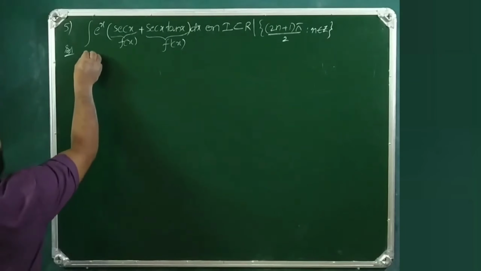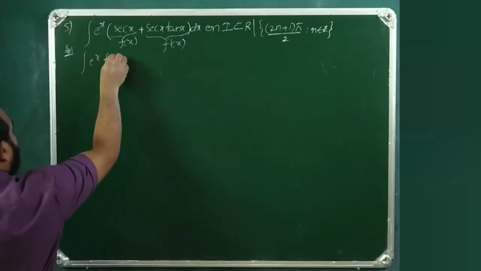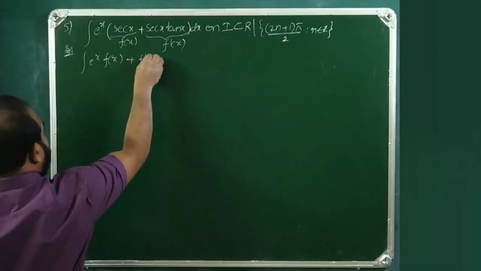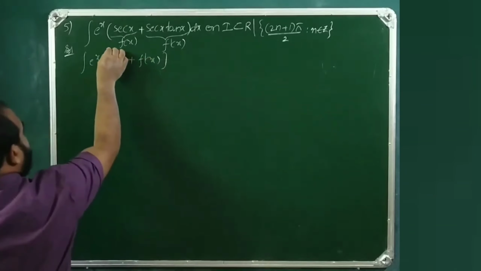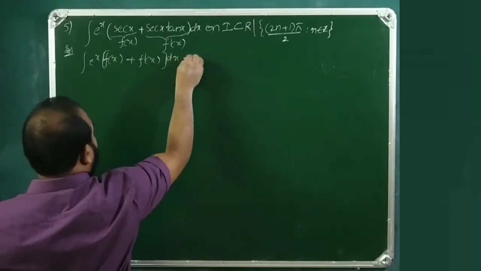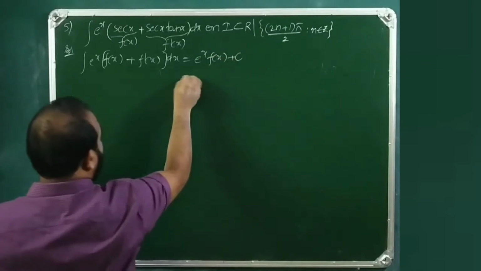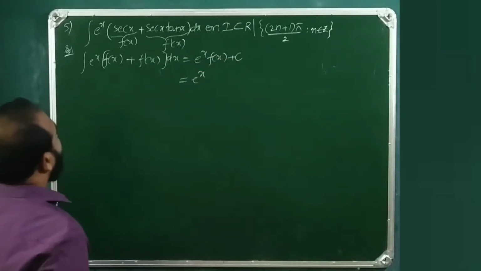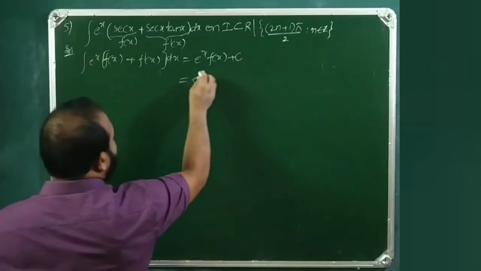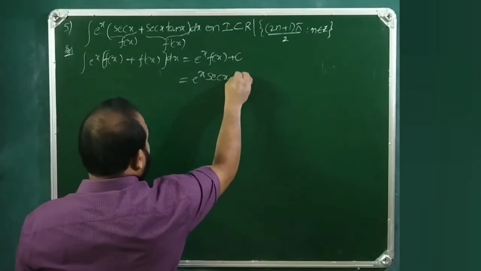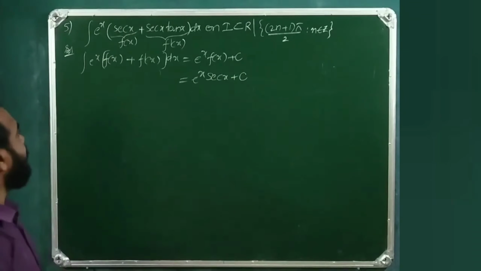So integral e power x into f of x plus f dash x dx is equal to e power x into f of x plus c. So the answer is e power x into secant x plus constant of integration c.